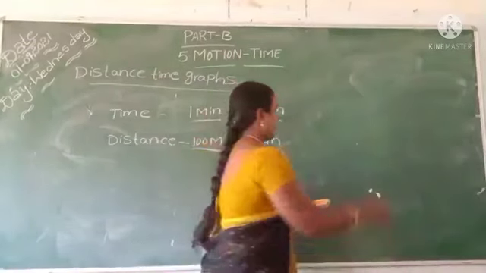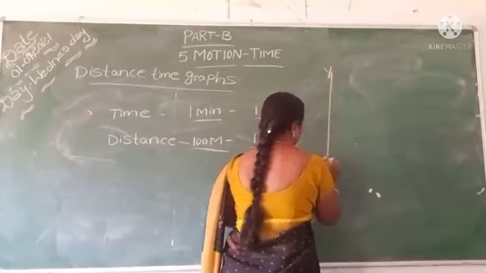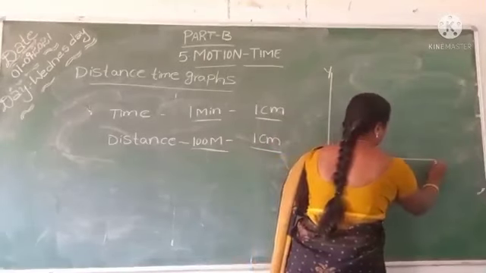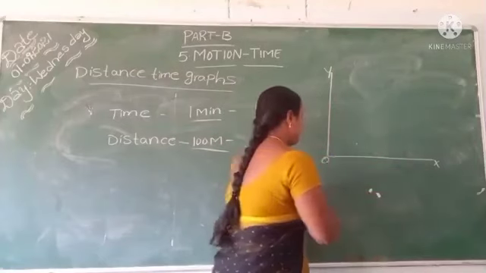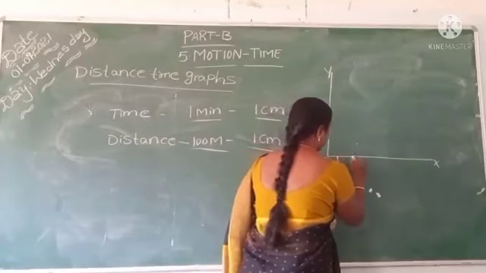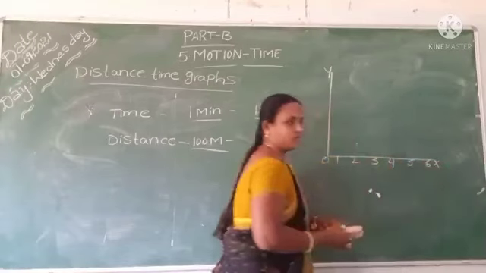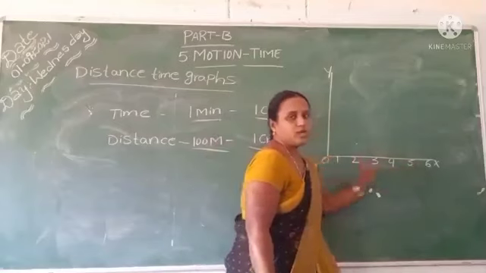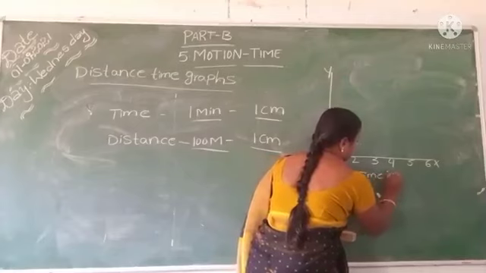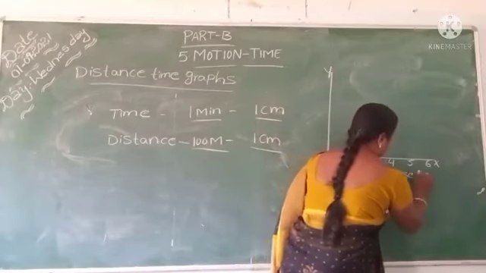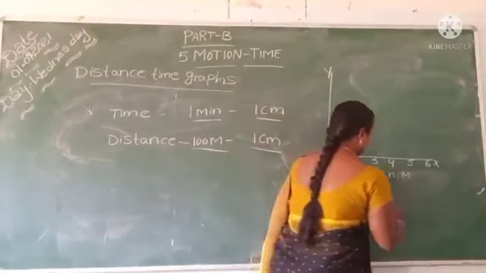So, we can draw the graph now. Y-axis, X-axis. We can say OY, OX. This is the graph. So, 1, 2 minutes, 3 minutes, 4 minutes, 5 minutes, 6 minutes. OX axis shows time in seconds. So, children, not seconds, time in minutes.